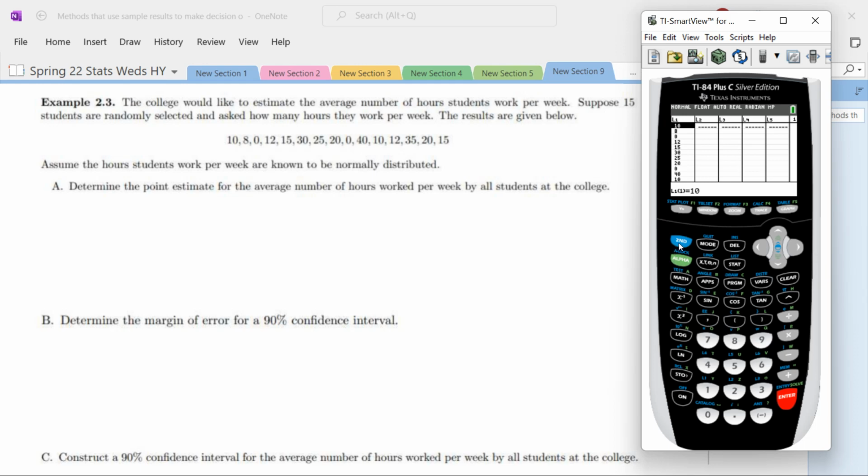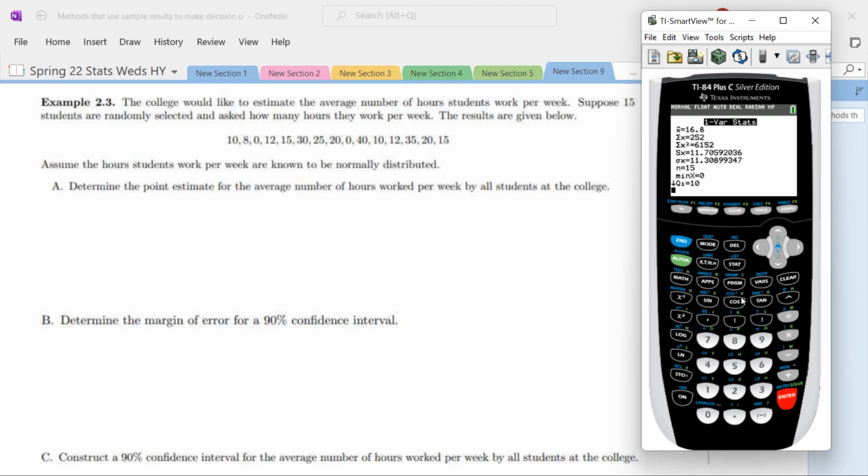Then you're going to go back to your home screen. And then remember where that is? Stat, calc, one variable statistics. We just want those for L1. Okay, so that gives us an X bar of 16.8.